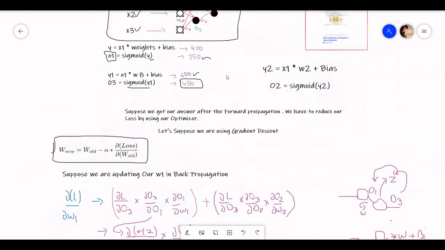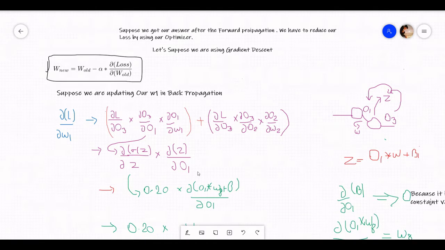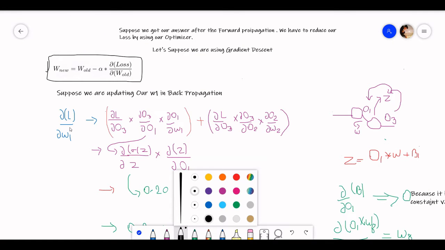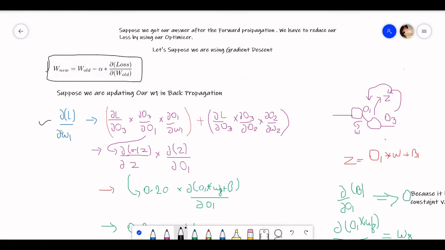For that, according to the chain rule, our derivative with respect to W1 will be this equation. Now suppose in our back propagation, the neural network is taking the derivative of this. So can we write the derivative of O3 with respect to the derivative of O1?